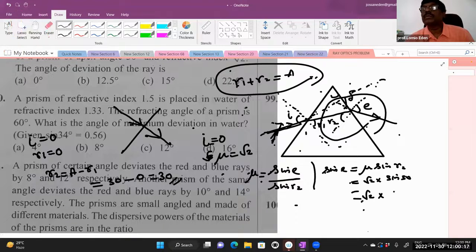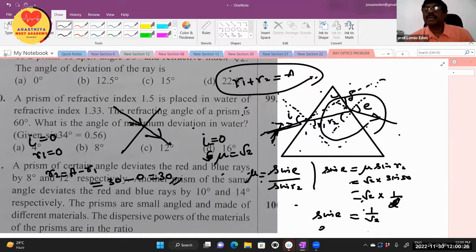Root 2 into 1 by 2 becomes 1 by root 2. So sin E is 1 by root 2. Then E value is sin inverse of 1 by root 2.